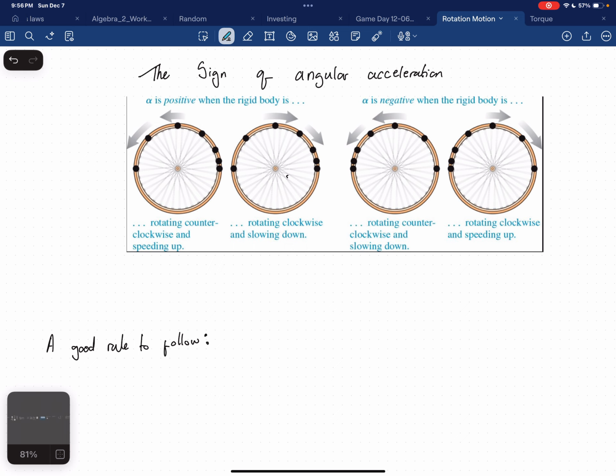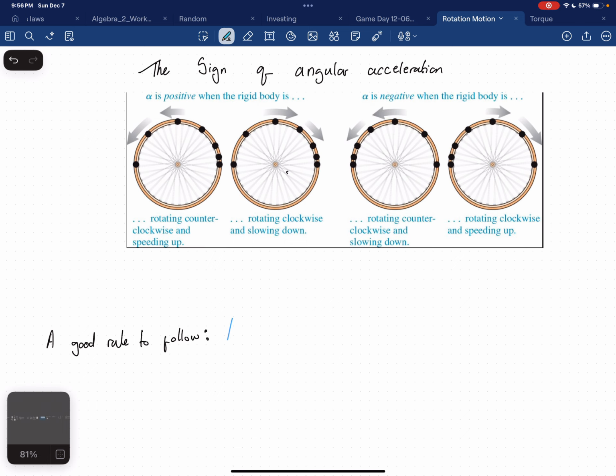A good rule to follow is: angular acceleration is in the same direction as the angular velocity when the angular velocity is speeding up.